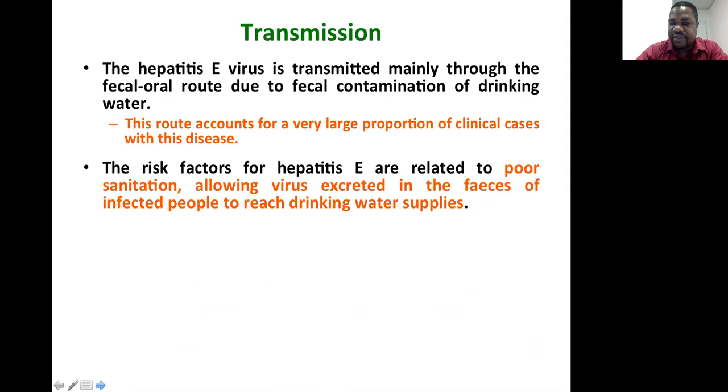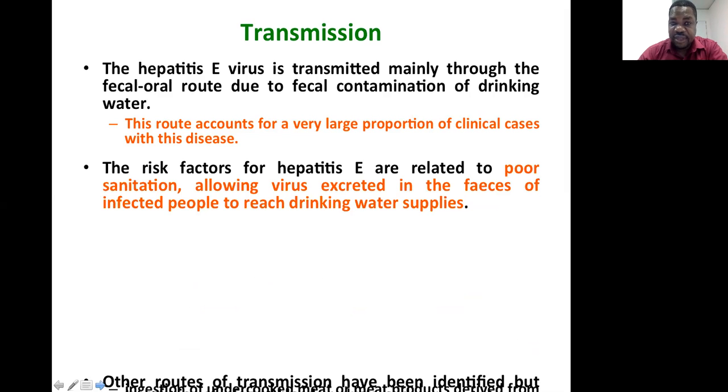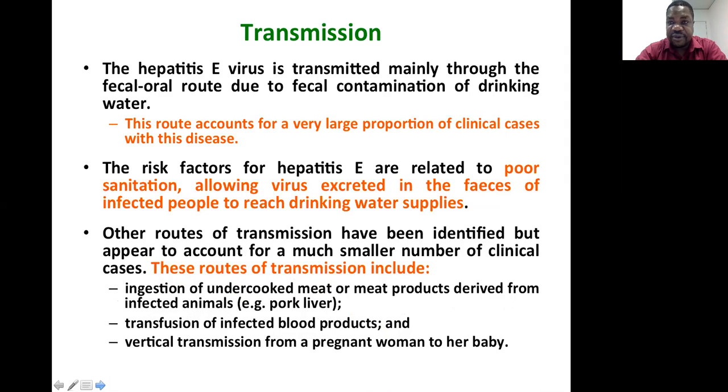And the risk factors for hepatitis E are actually related to poor sanitation, allowing virus excreted in the feces of infected people to reach drinking water supplies. You know, it's actually found in countries with really very poor sanitation.